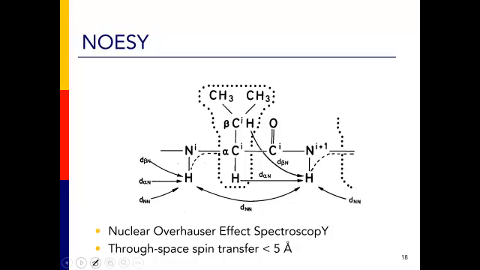There's TOCSY, there's NOESY, there are all kinds of weird names, and they all have to do with spectroscopy. NOESY is nuclear Overhauser effect spectroscopy, and what it probes is atoms, protons, that are within 5 angstroms in space. There are two ways to transmit energy in molecules by NMR. One is through bond.